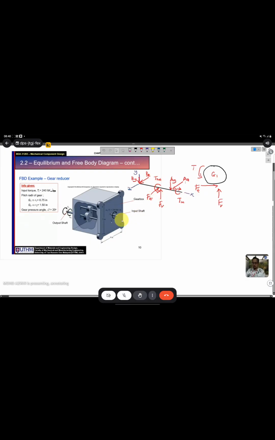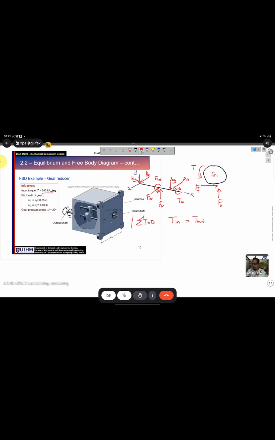So how do you want to calculate the value? You need to start from the information that you have. Let's say this one you have 240 pounds inch, which is your top in here. So top in will be equal to top out because we are going to use the equilibrium for top. Total top will be equal to 0.